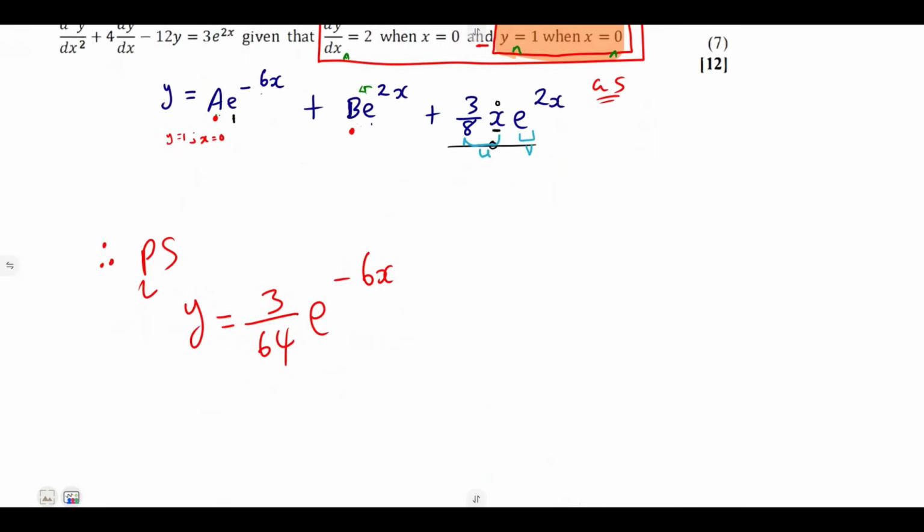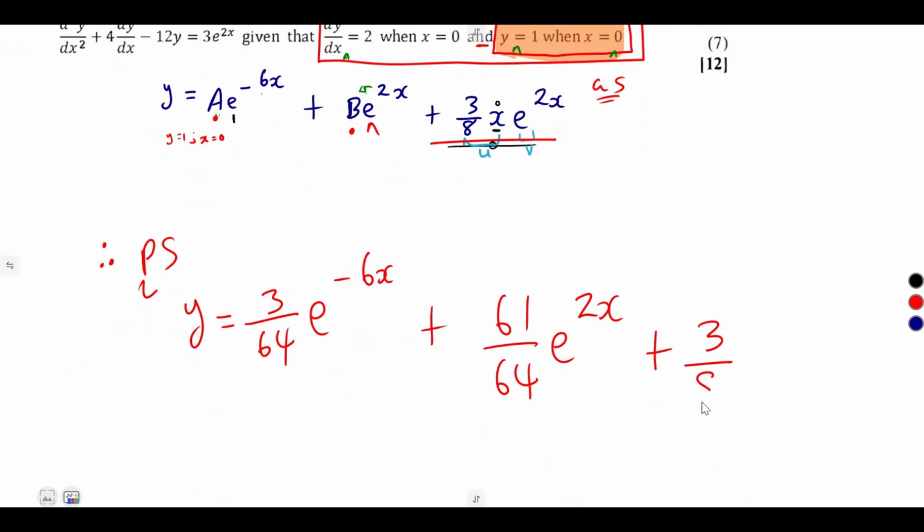All right, so that was going to be 61 over 64, e to the exponent of 2x. So this one is already in simplest form, which is 3 over 8 x e to the exponent of 2x. So that is it. We have got our particular solution, which is in its simplest form.